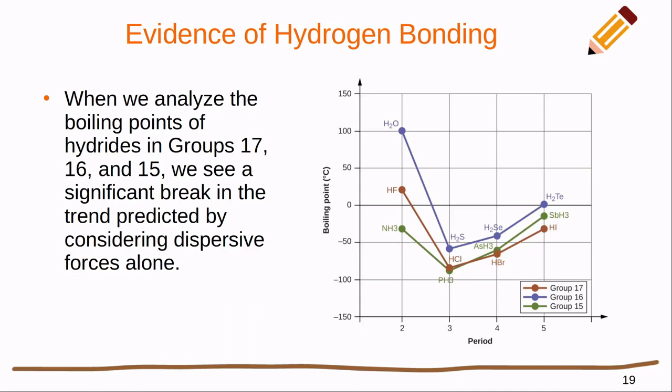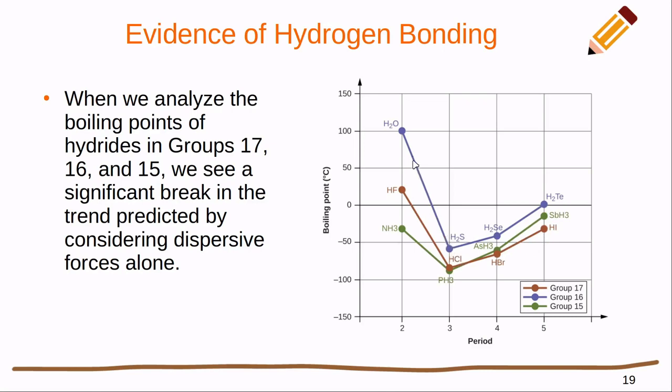So we have a good example here when we analyze the hydrides from group 17, 16, and 15. So basically, we're just going down the periodic table in 3 columns, okay? And what we would expect to be the normal trend seems to hold here. As we're getting larger and larger, moving down that periodic table, higher and higher formula masses, we're seeing higher and higher boiling points.